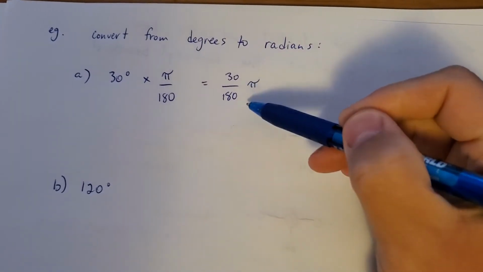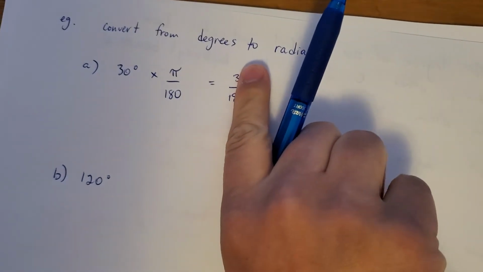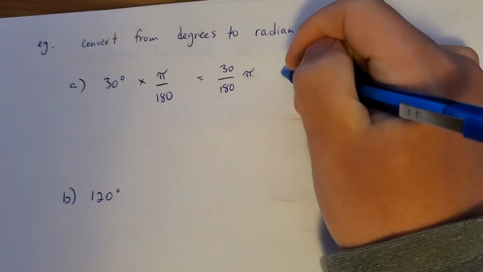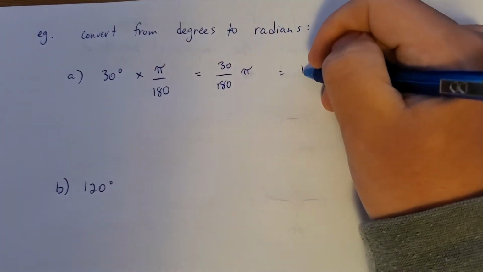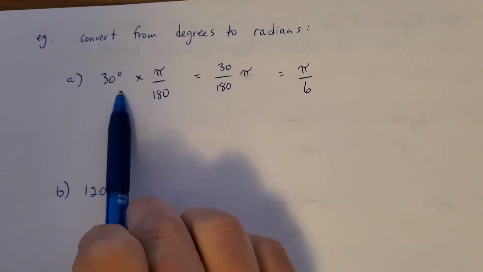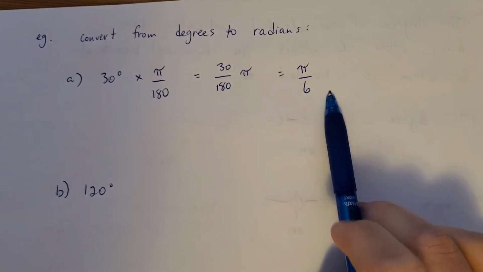Okay, this in lowest terms, you can divide top and bottom by 30. If we cover a 0, maybe it looks better, 3 over 18. That's going to be 1 over 6. 1 over 6 times pi is just pi over 6. Okay, so 30 degrees is equal to pi over 6 radians.